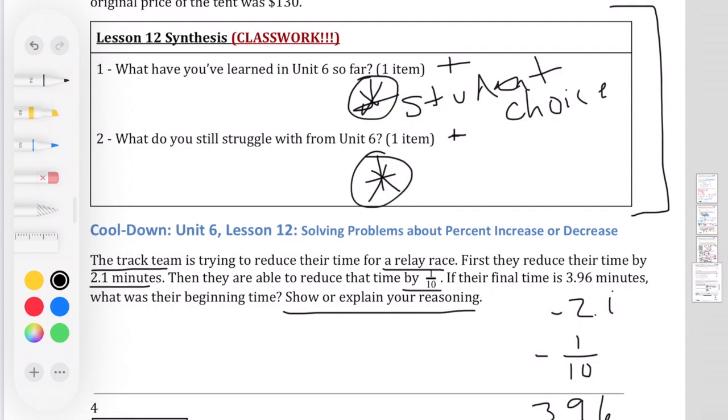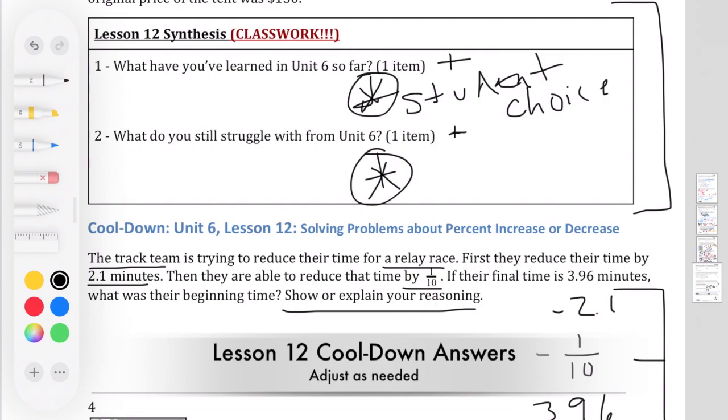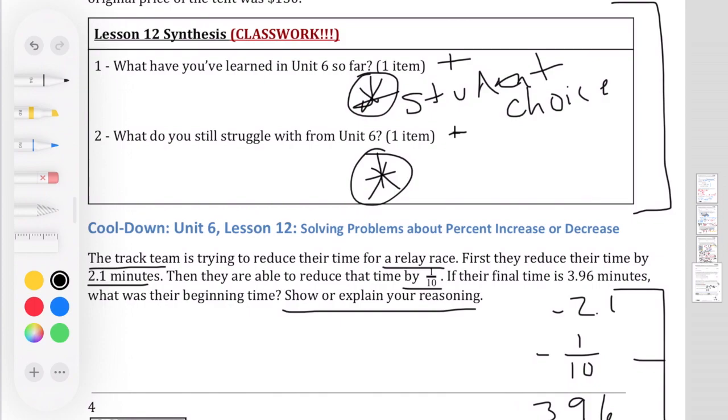So I helped pull some critical information for you off to the side. Go ahead, pause this video, and try to work out your cooldown. So as we double check the cooldown, we see that initially the track team was able to reduce their time by 2.1 minutes. So we have x representing their original time. We then subtracted 2.1 minutes from that. And then they were able to reduce that time by 1/10.